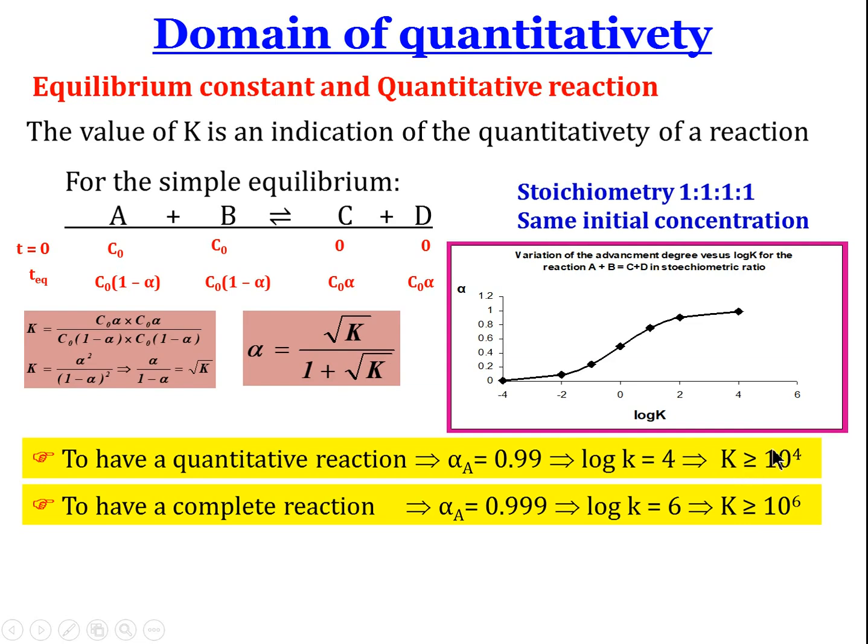It's the condition of quantitativity for the reaction of mono acid with mono base, and in the previous slides we saw that for the reaction mono acid plus mono base, this reaction is quantitative if K is greater than 10 to the power 4. So 10 to the power 4, which is the condition of quantitativity for this reaction, is calculated from the relation between K and alpha, when you put the value of alpha greater than 0.99.